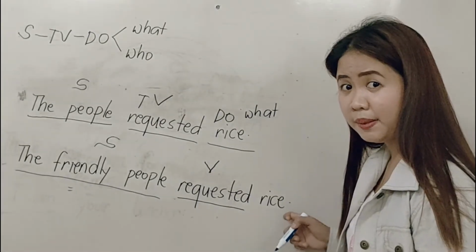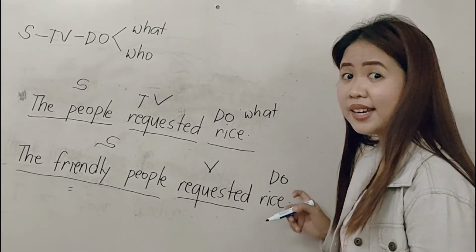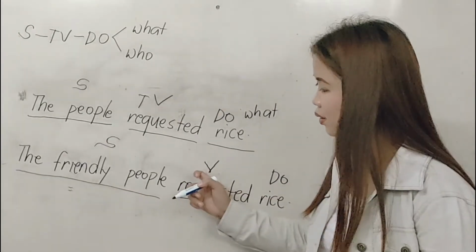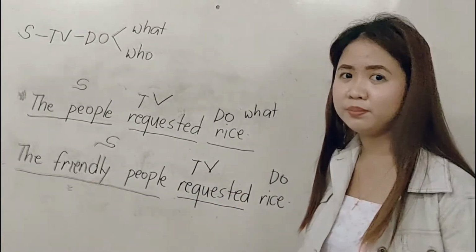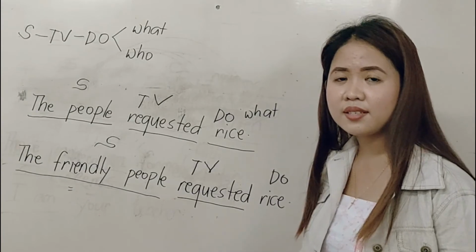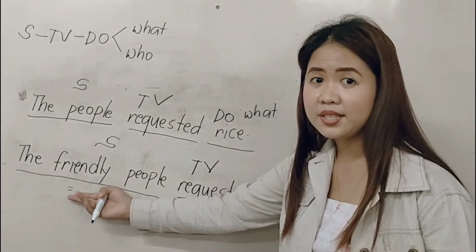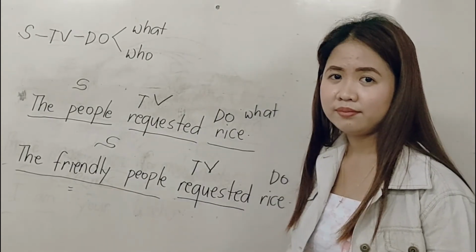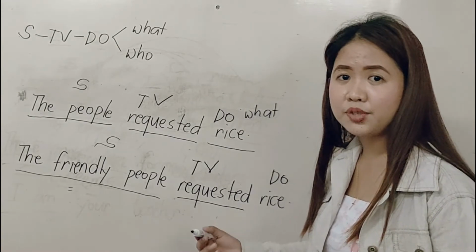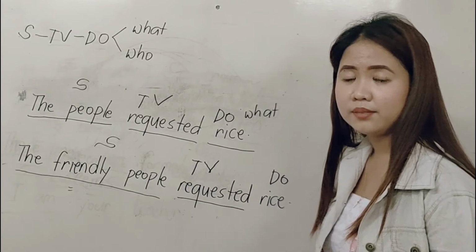Therefore, this will be labeled as a direct object. If we have direct object in the sentence, we will turn this into transitive verb. Our sentence is not affected by this modifier or this adjective. We still have a subject, transitive verb, direct object pattern.